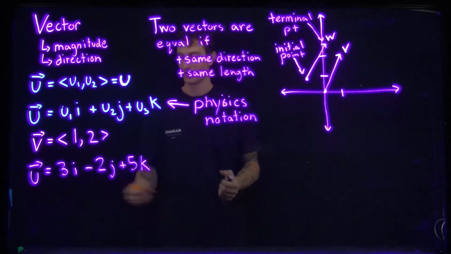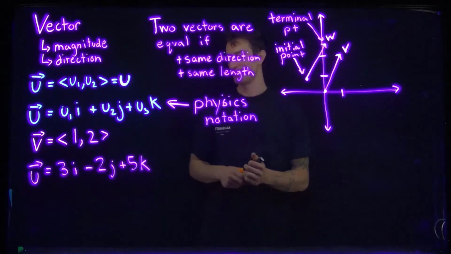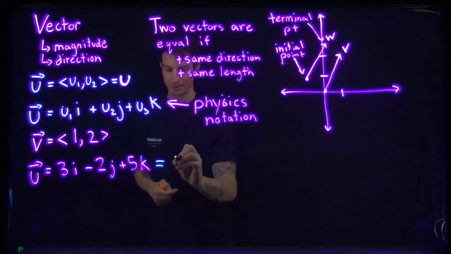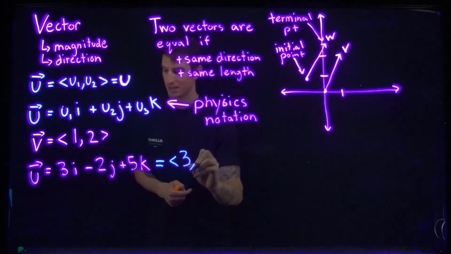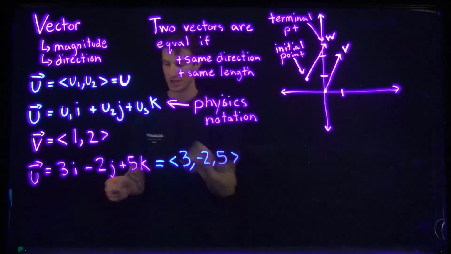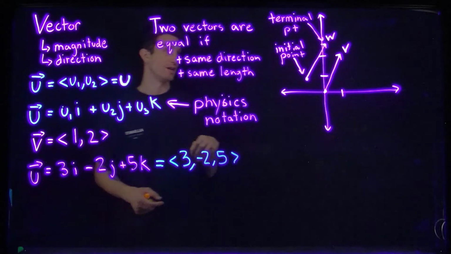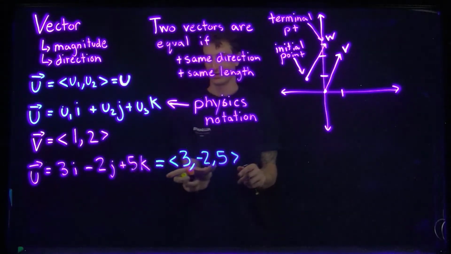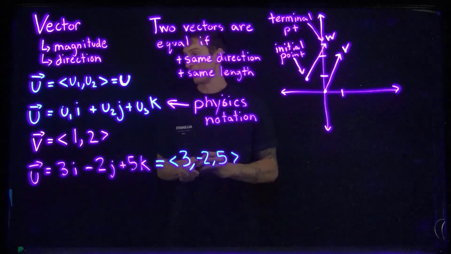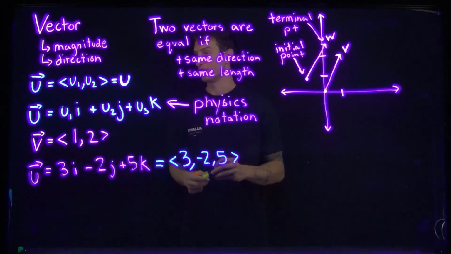I'll admit, anytime I get physics notation, I go, well, let's just put this in a notation that's really actually going to be helpful here. 3, -2, and 5. I, J, K, we don't need letters when we're trying to do calculations, so we'll just get rid of the letters: 3, -2, 5. So we have both forms of our notation here.